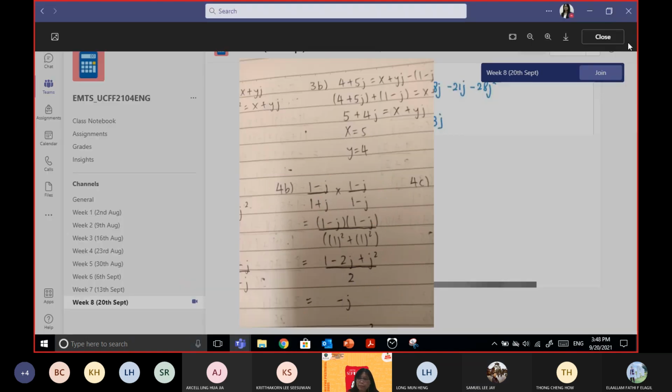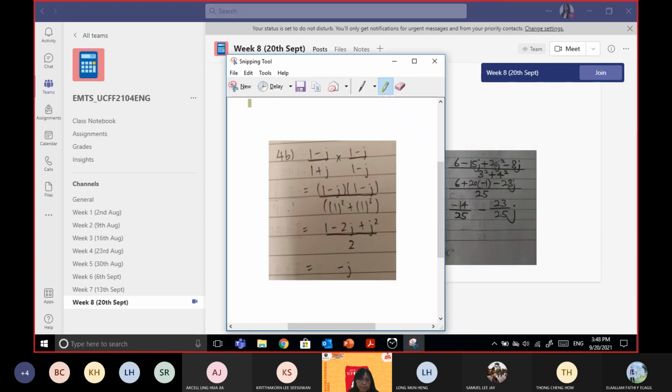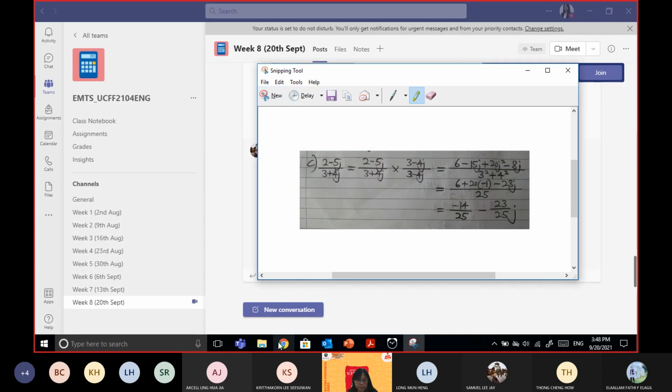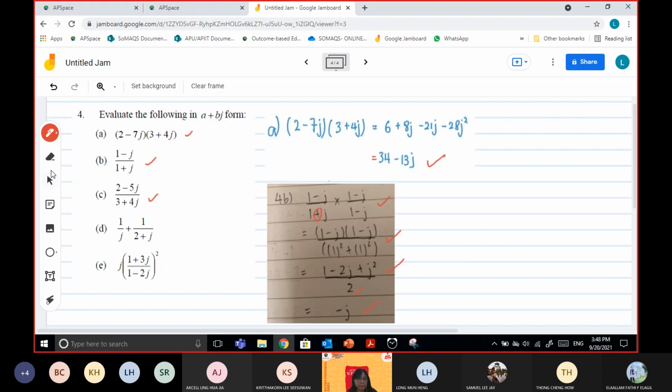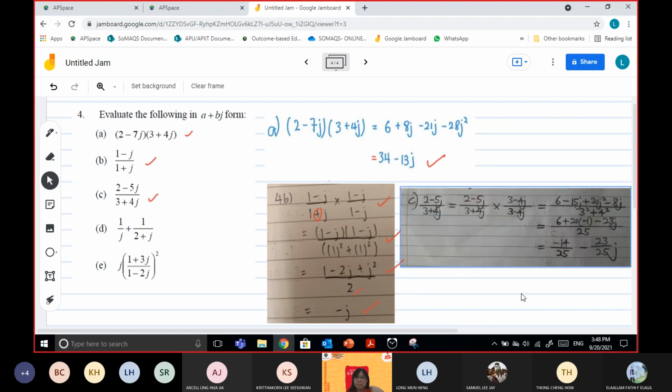Then Samuel, solution for C. Okay, so this is a solution for C, 2 minus 5J, 3 plus 4J. So times 3 minus 4J, 3 minus 4J, correct. The bottom is 3 square plus 4 square.